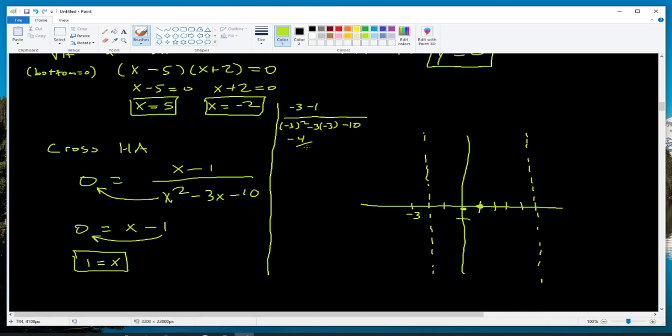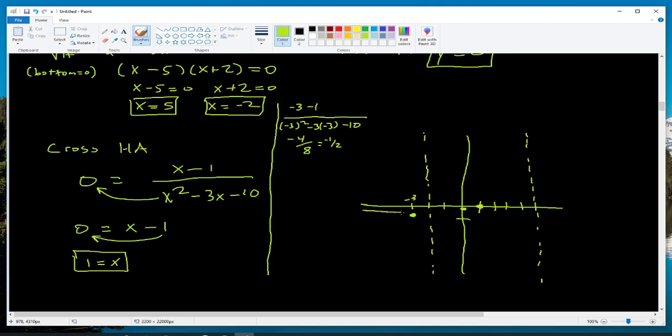Take away 10, which is 8. -4 over 8 is -1/2. So at -3, we're over here at -1/2. Let me get rid of that 3, because that's right in the way of where my dot's going to go. So we're at basically -1/2 at x equals -3. Put the number up there.